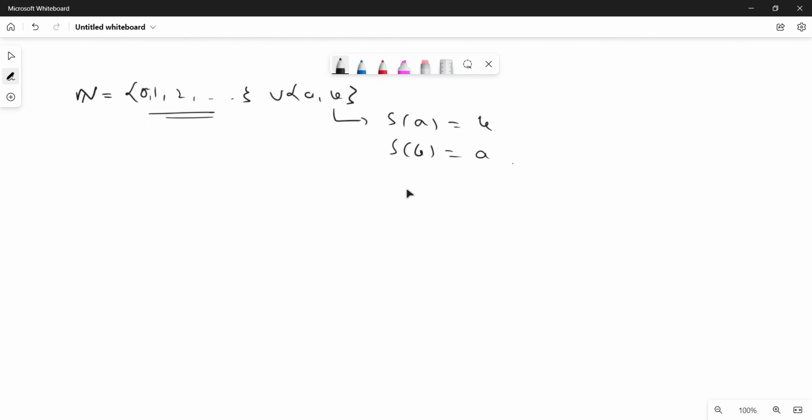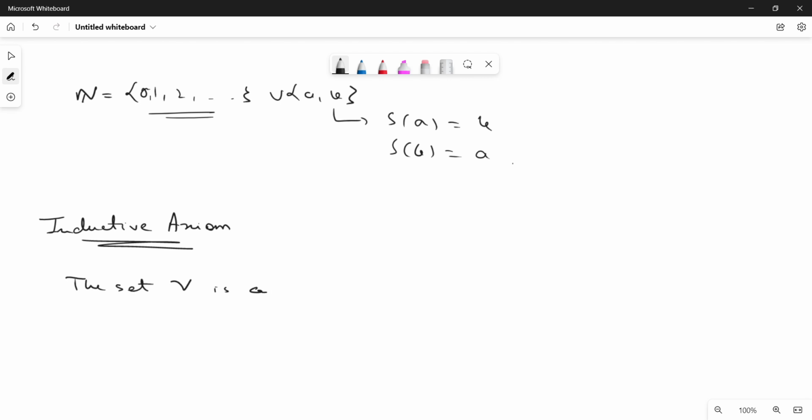Now, to finalize the construction of natural numbers, we have one more and final axiom left, which we call the inductive axiom. So what does the inductive axiom say?